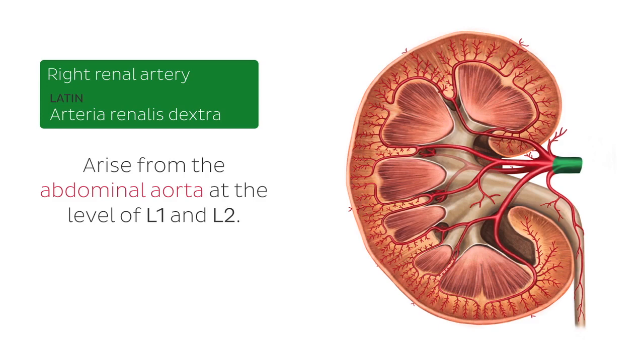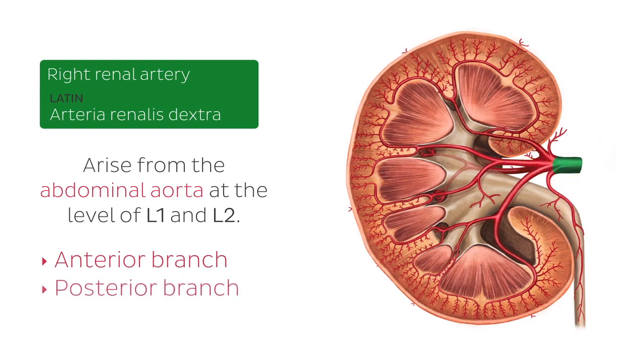Also important to know that the renal arteries will give off two main branches as they enter the hilum of the kidneys, this area right about here. These branches are known as the anterior branch that you see here, and the posterior branch that you can see going a little bit further behind. We're going to look at them in a little bit more detail later in this tutorial.